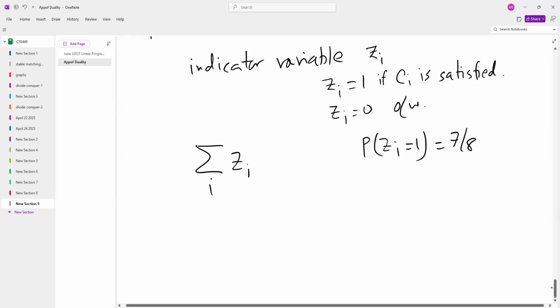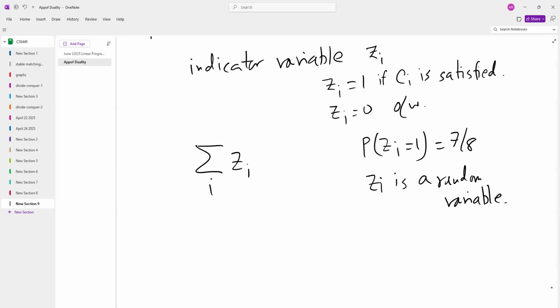That means Zi is what is called a random variable, because every time I toss the coin, I get a different value for each Zi.